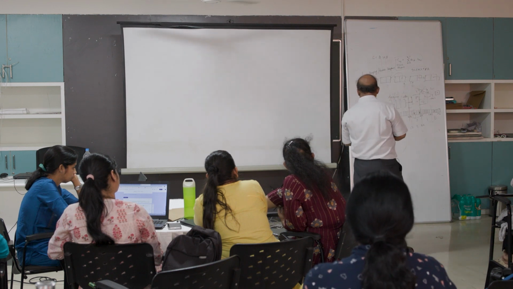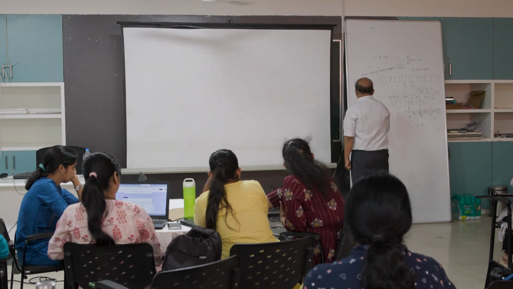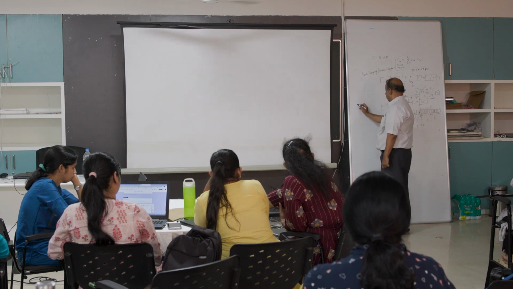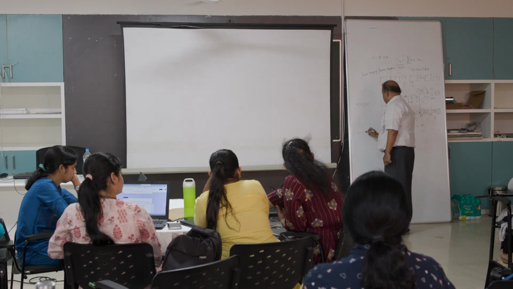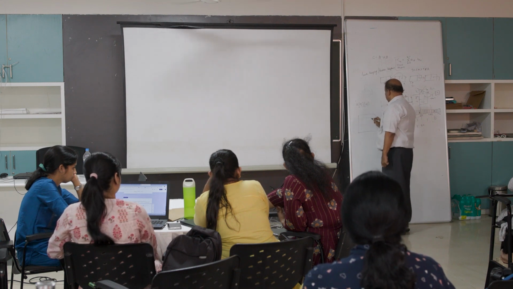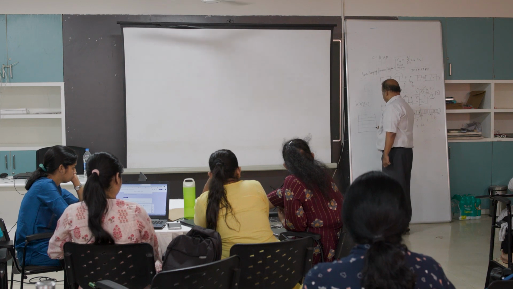So if I have a matrix of, say, 5 cross 4, conceptually this is what we have: 5 rows and 4 columns.